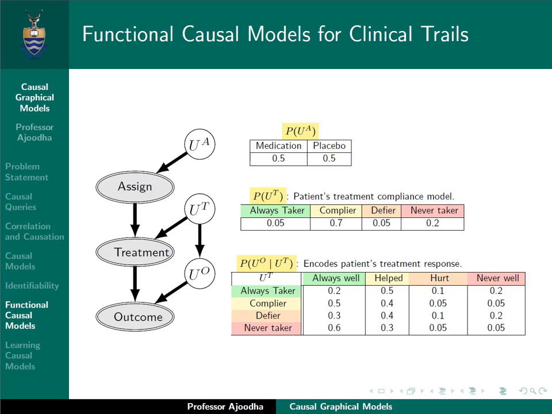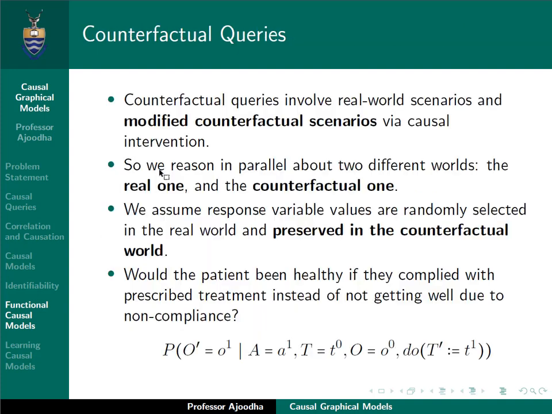A defier does the opposite of what they are assigned to do. So these categories tell us that assignment is separate from actual treatment behavior. In real clinical settings, what patients are assigned and what patients actually do are not always the same thing. And this model captures it in a very nice way.